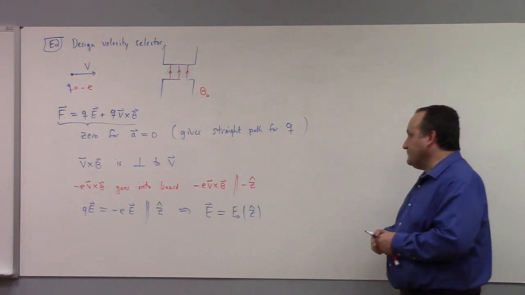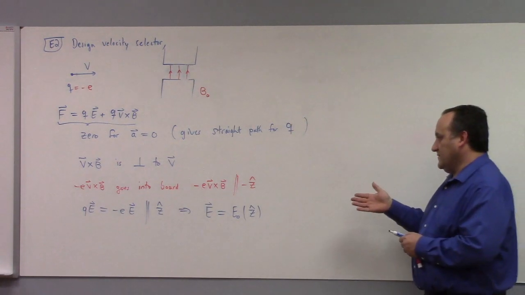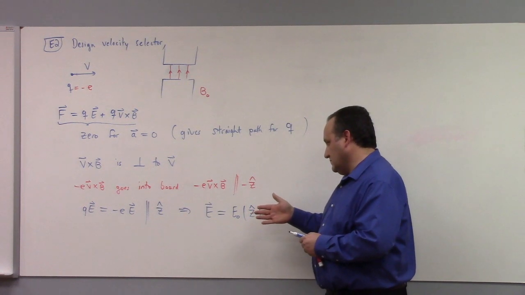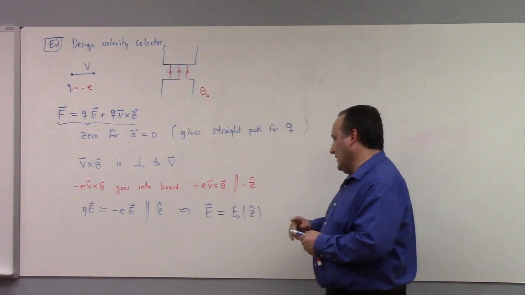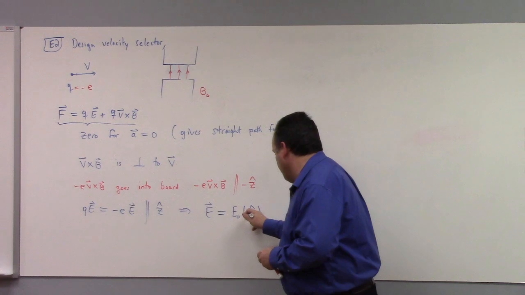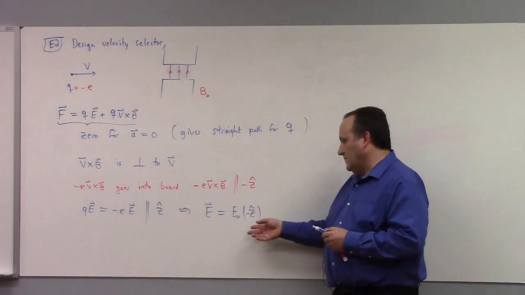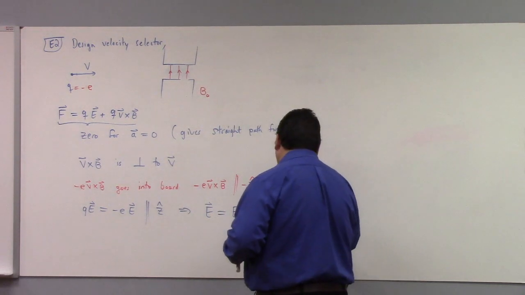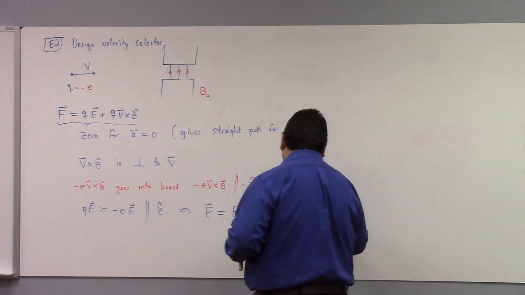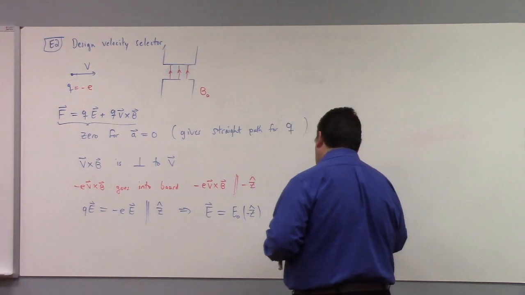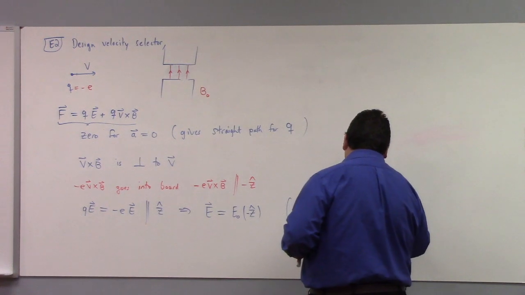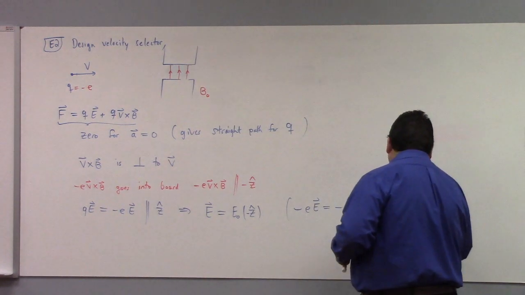Does that work? I think we need a minus here, so that when I do minus E times E, which is equal to minus E naught times minus Z hat, I'm assuming E naught's positive, that gives E naught Z hat.